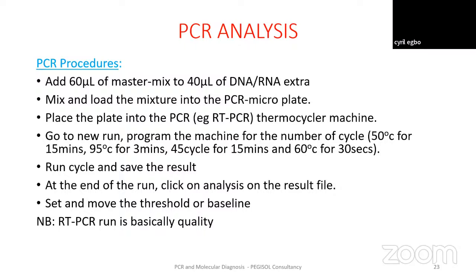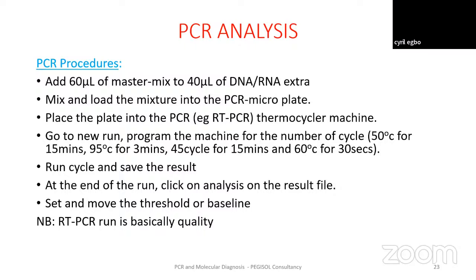Another one will still anneal to the second strand, so that it will give multiple copies. You know, 1 will give rise to 2, 2 will give rise to 4, 4 will give rise to 8. It's just like that. It's a multiple process.